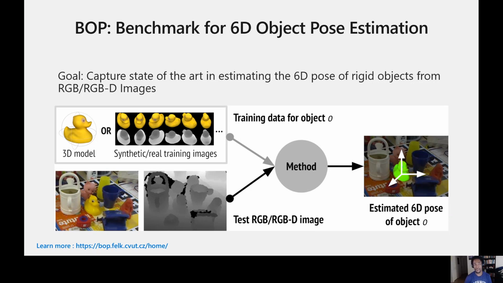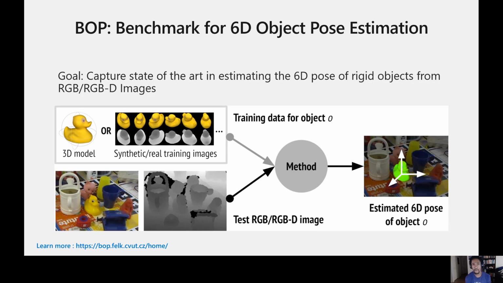So part of the project, just sharing some of the interesting findings and descriptions from the journey through this pose estimation project. So essentially, what do we refer to by the 6D pose estimation problem?